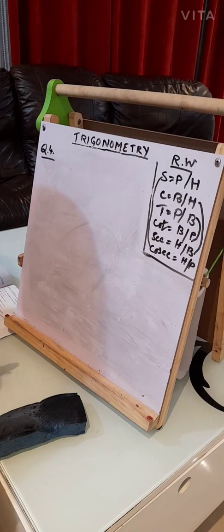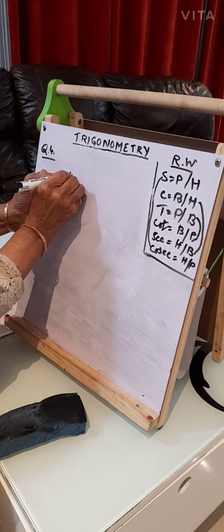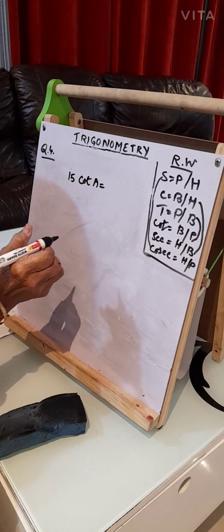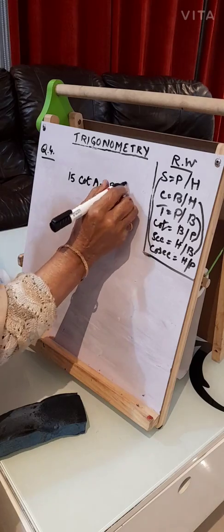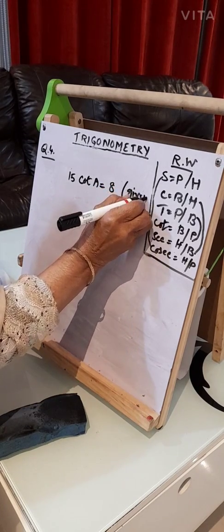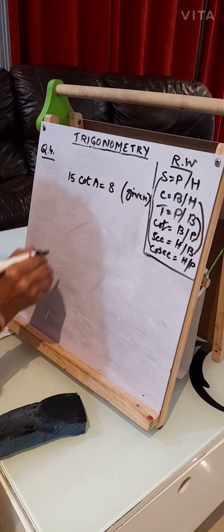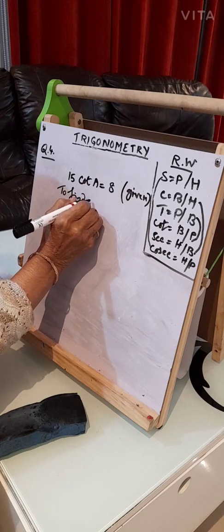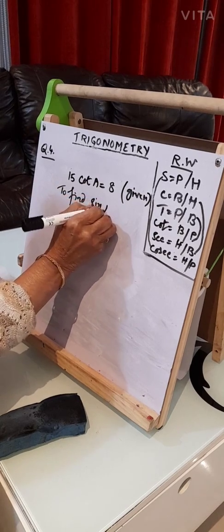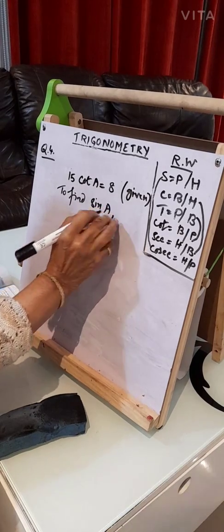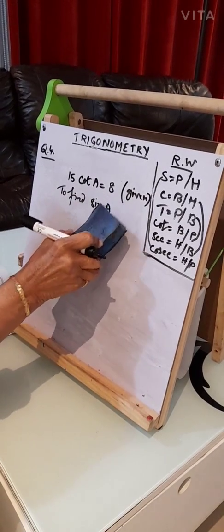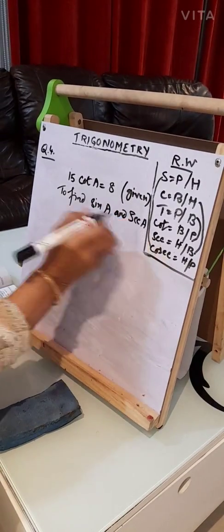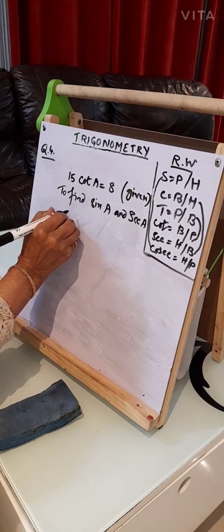It is given 15 cot A is equal to 8. So I'll write here 15 cot A is equal to 8. It is given. And we are to find sin A and sec A. Now 15 cot A is equal to 8.